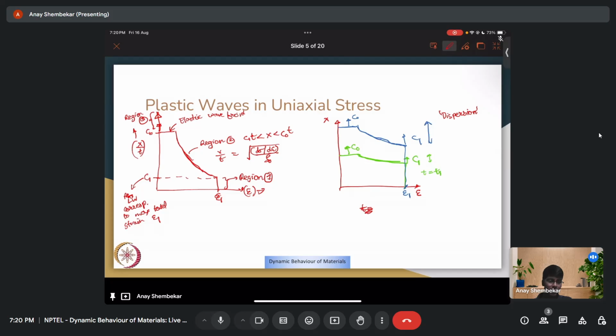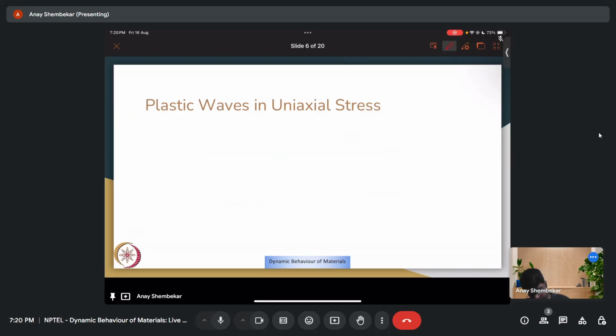If we want to find the maximum stress sigma 1, which is your flow stress, and the maximum strain epsilon 1 undergone by the wire at some impact velocity v1, this is what we wish to find.